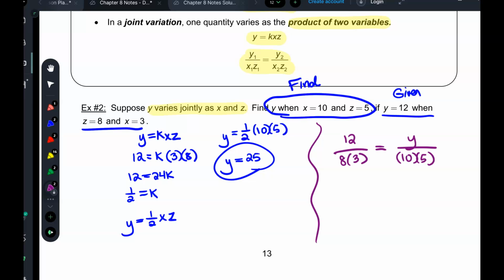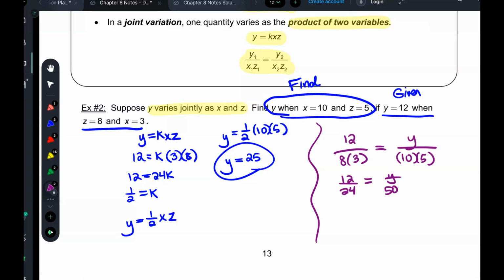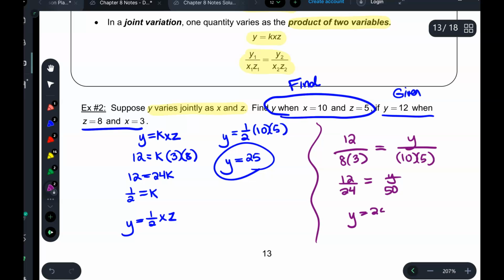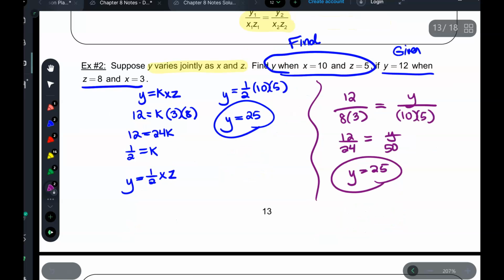I got y equals 25. You should get the same answer. In fact, I have 12 over 24 equals y over 50. When we cross multiply, we get the same answer, because this would be a half, 1/2 times 50, you get 25.